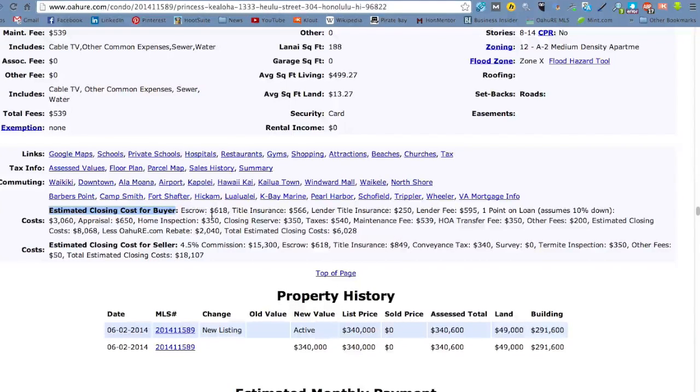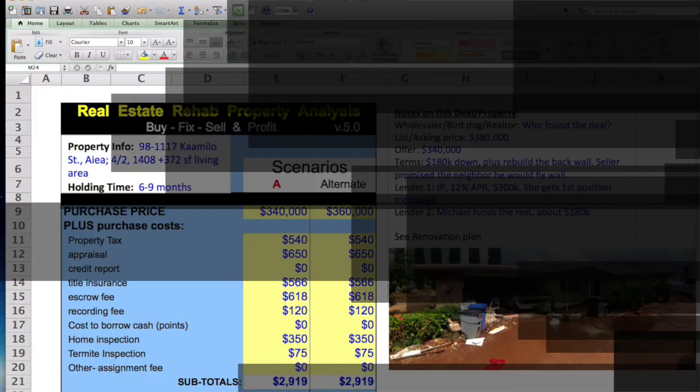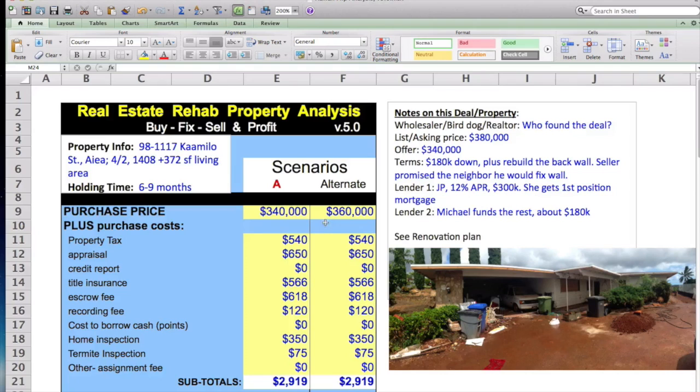So what I will do is I'll transpose these numbers over onto my spreadsheet. Okay, so now I have filled in my closing costs. I took these costs straight out of a different property that sold right at $340,000.